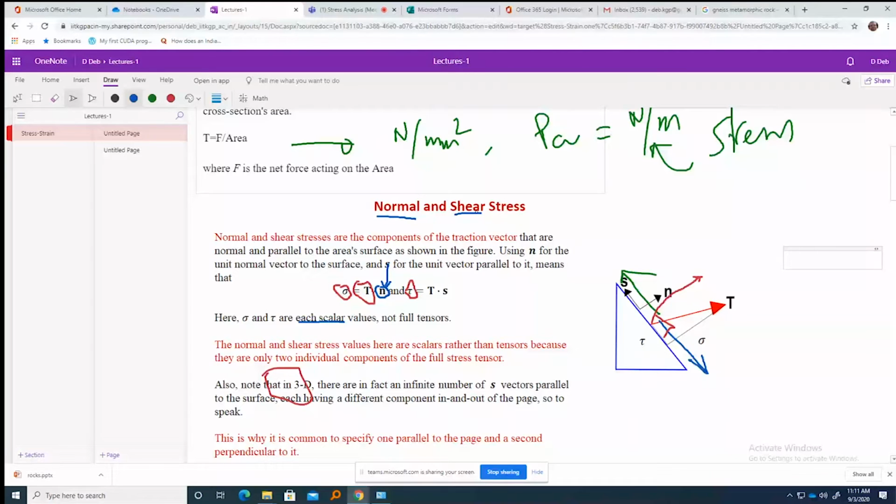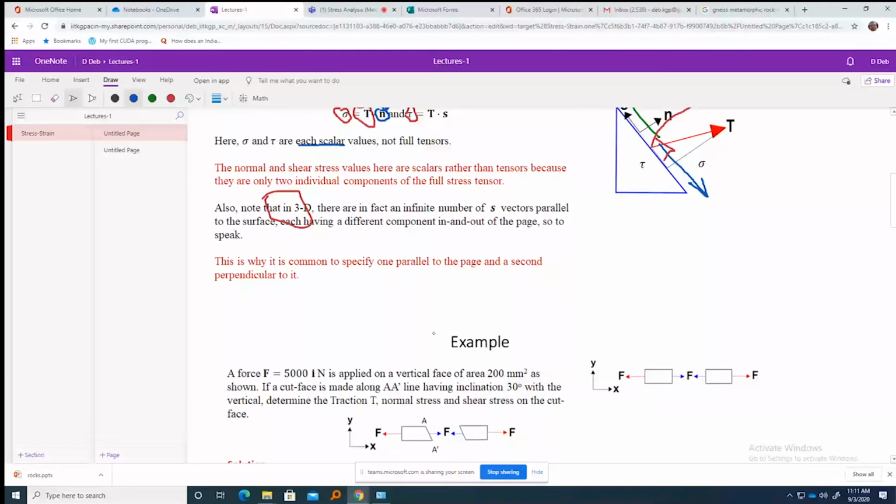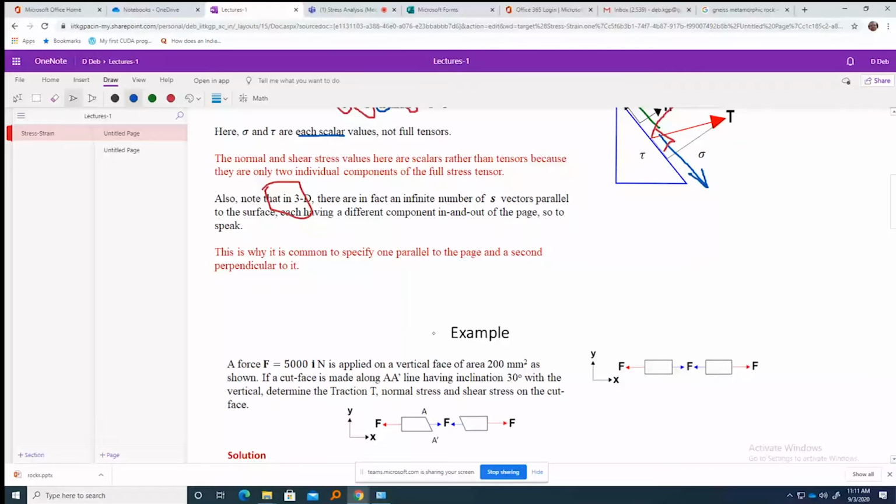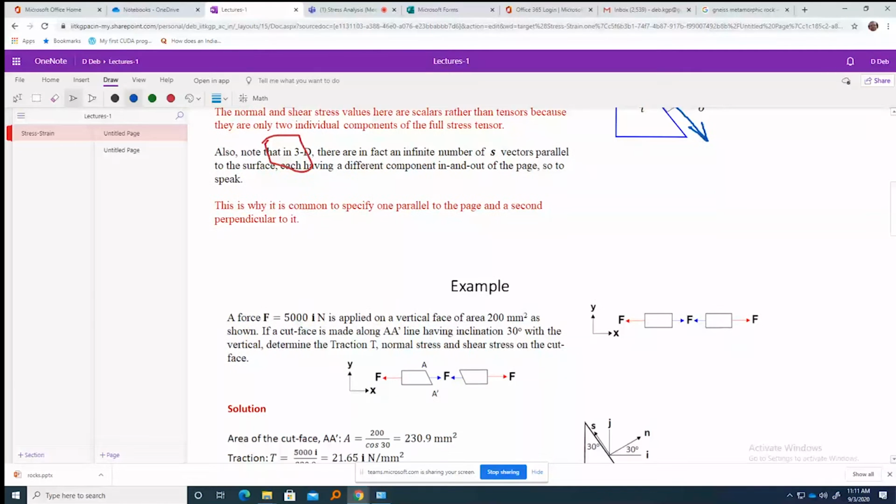Okay. Now let's do a simple example, which I guess you will be able to do. Let's say a force of 5000 N is acting, and it's applied on an area of 200 millimeter square.